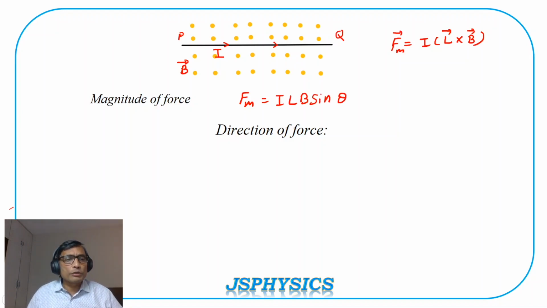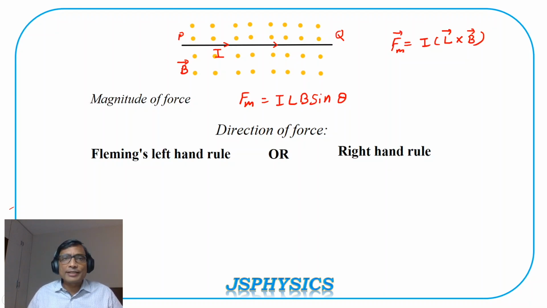And the direction of the force we can find, because force is a vector quantity, it has magnitude as well as direction. So the magnitude is given by ILB sine theta and the direction is given by either Fleming's left hand rule or right hand rule. Let us see both the rules one by one.